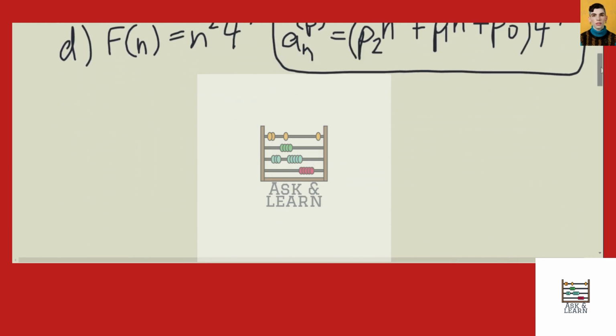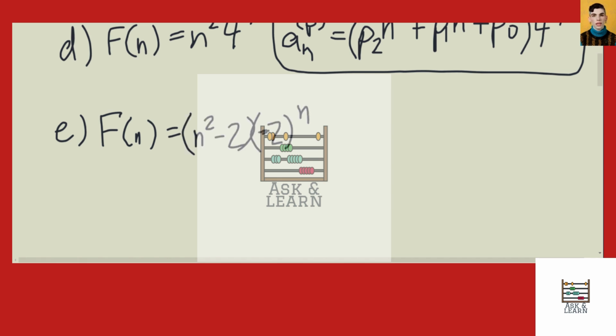In part E, we are given that f(n) is (n^2 - 2) times (-2)^n. We have that n^2 - 2 is a polynomial of degree 2, and -2 is a characteristic root with multiplicity of 2.